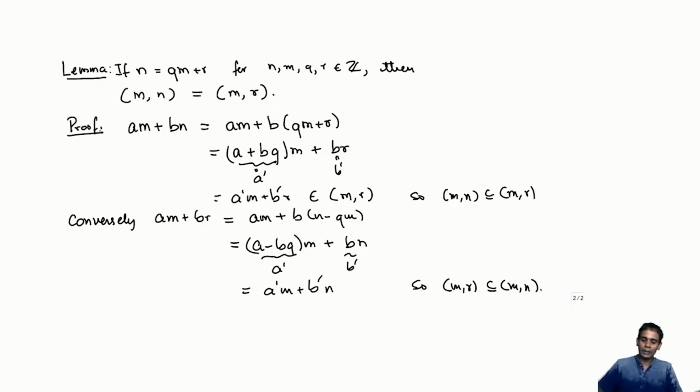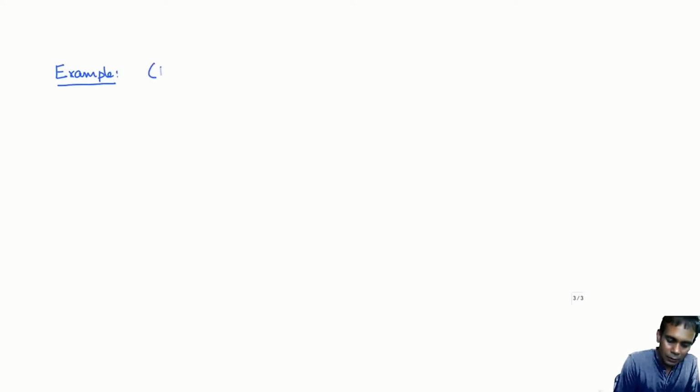Okay, now let's just do an example of how to reduce an ideal generated by two elements to an ideal generated by one element using Euclid's division. So let's do this with an example. So let's start with the numbers 168 and 49. Okay, so now 168 you can calculate.